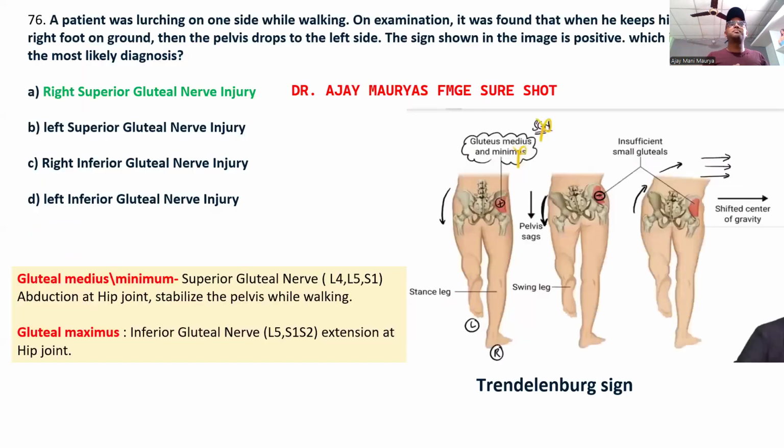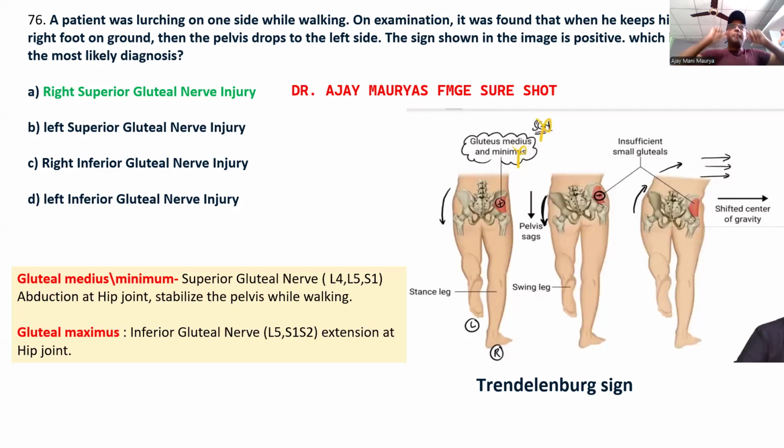In this one, guys, please try to remember this one. See, gluteus medius. Gluteus medius and minimus muscles are supplied by the superior gluteal nerve, L4, L5, S1.